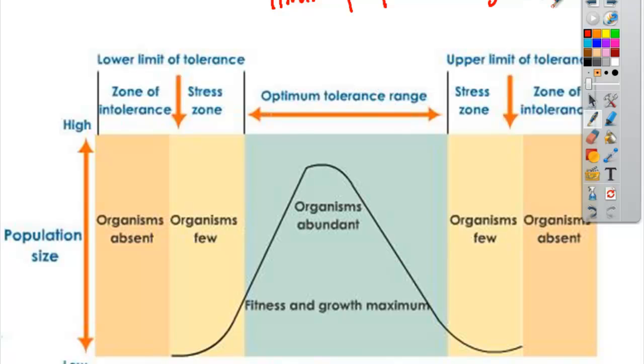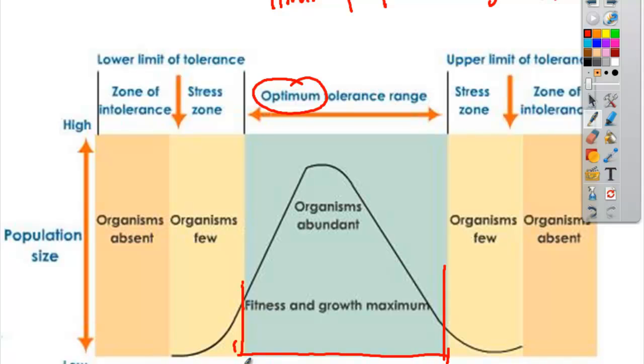Okay? So what you do is you pick an environmental factor, what we call a limiting factor. It could be, say, temperature, or the amount of sunlight, or the amount of water in the soil. Whatever that is, typically there is what we call an optimum range, where the species will grow, their population will grow, everything will be great, and it usually falls within a certain range of that particular environmental factor. Okay, where the population does very well.